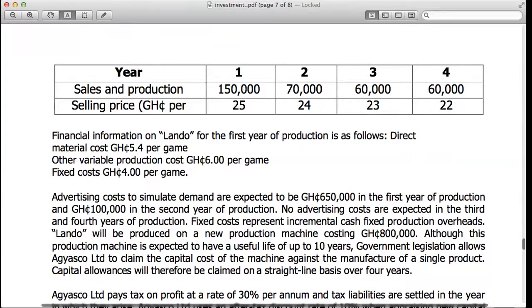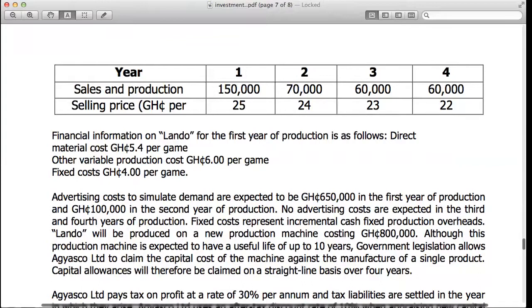So we said that the first cost you have to bring, they have to tell us that it's incremental or will be incurred, not the general one, not already incurred cost or fixed cost. Now let's see. Advertising costs to stimulate demand are expected to be 650 in the first year of production and 100,000 in the second year of production.